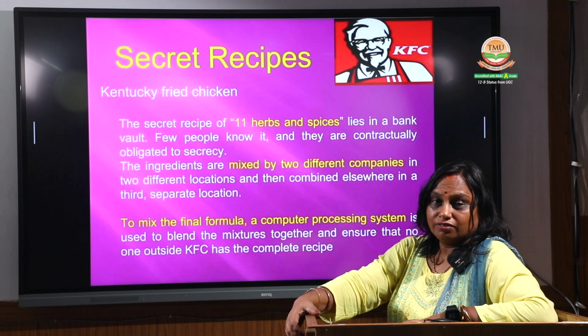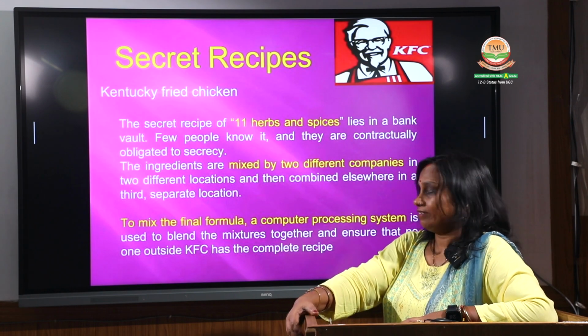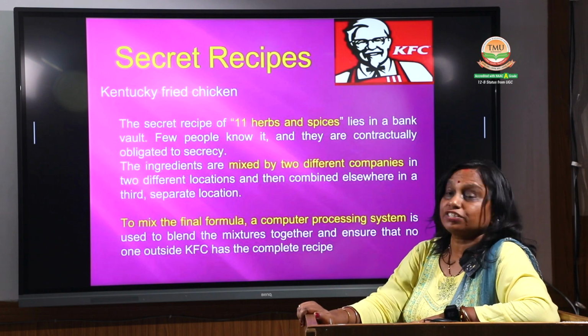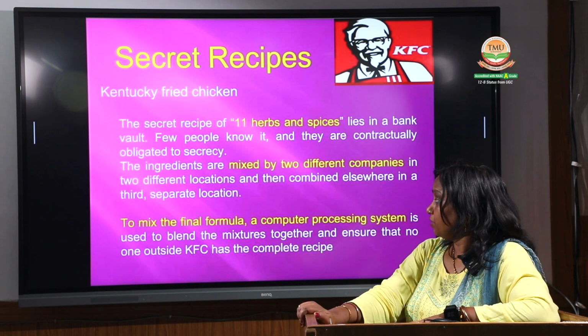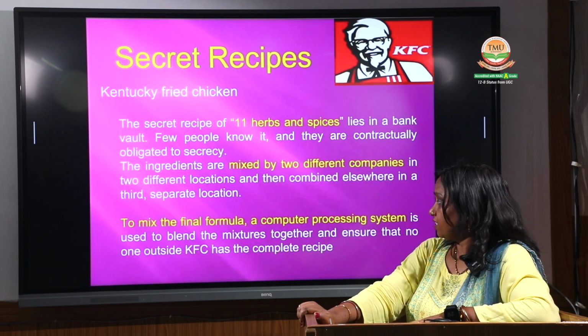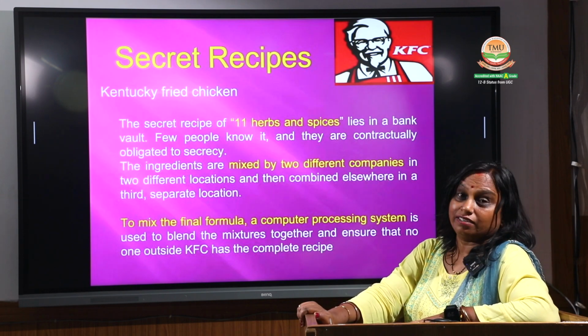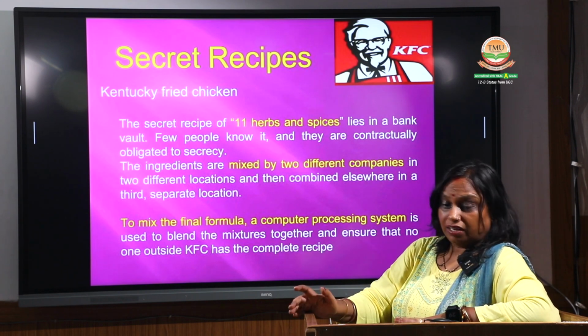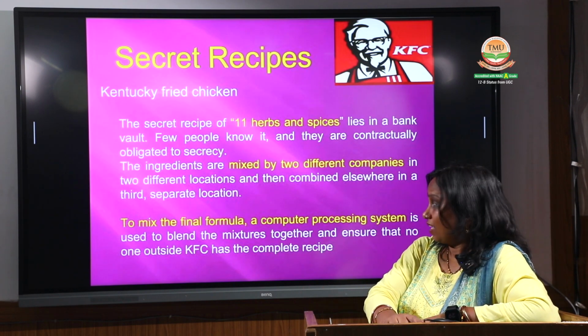So, yes, this is a big secret. To mix the final formula, a computer processing system is used to blend the mixtures together and ensure that no one outside KFC has the complete recipe. So, this is how KFC is able to protect the trade secret and how it is done.